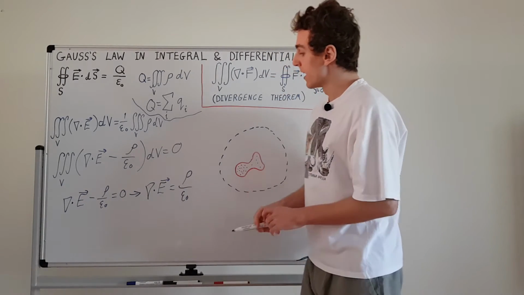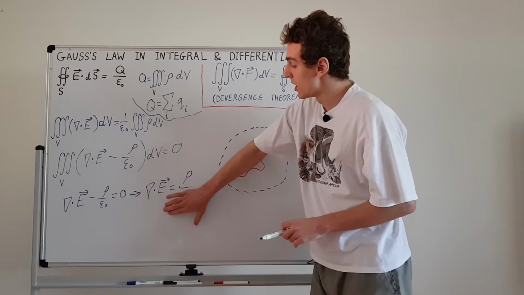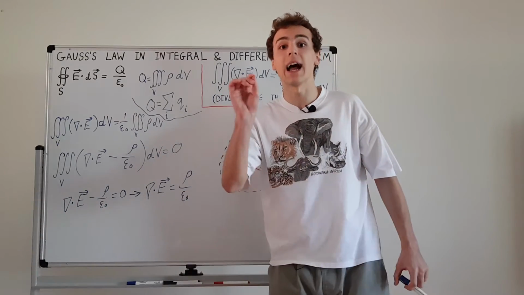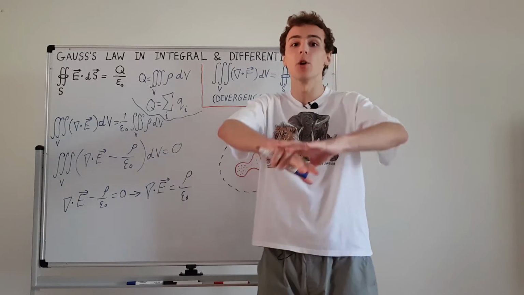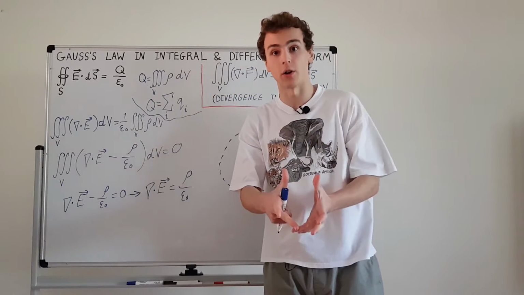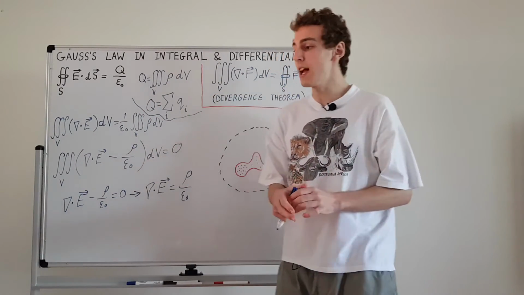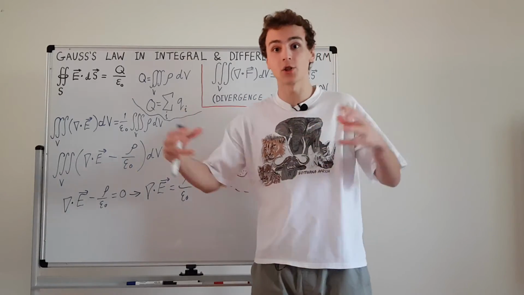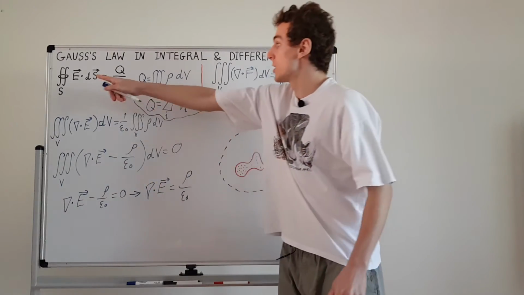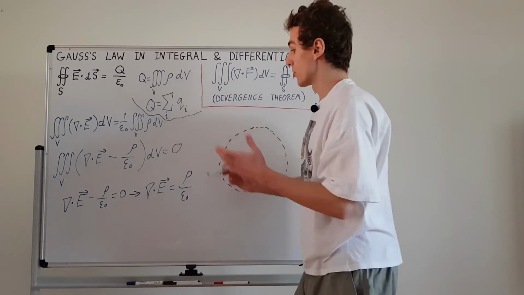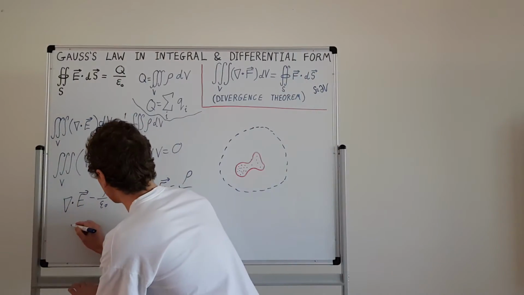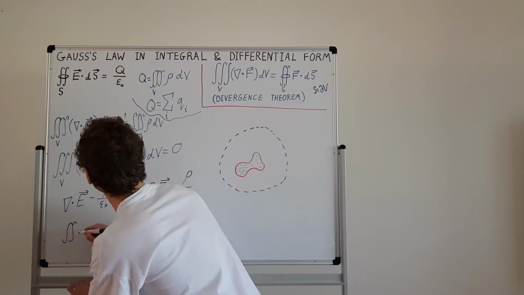So this guy is actually more useful for computing something that's happening at a single point, and this guy is more useful for computing something that's happening over a big chunk of charge or a big chunk of points. So if you have some kind of charge distribution, then you're going to use the integral form, and you might actually use a slight variation of the integral form.